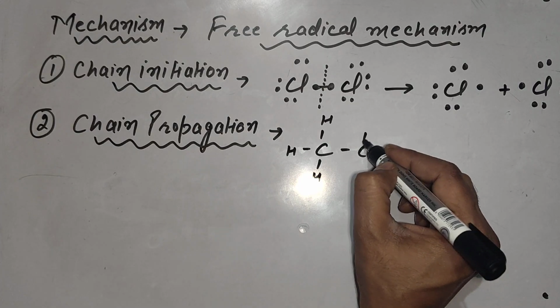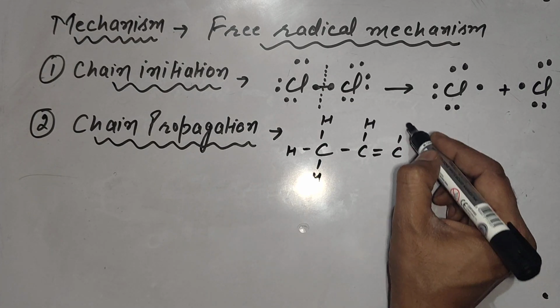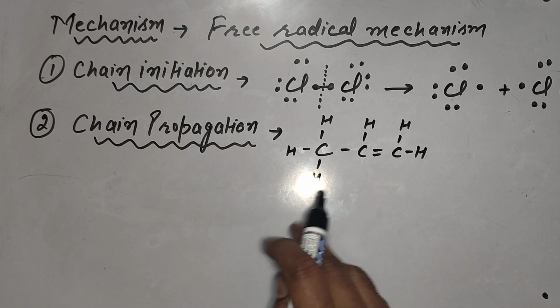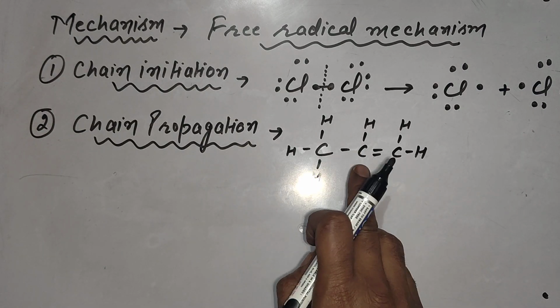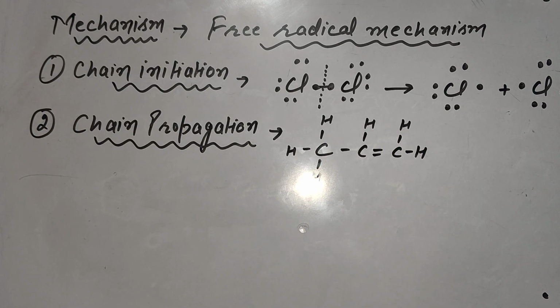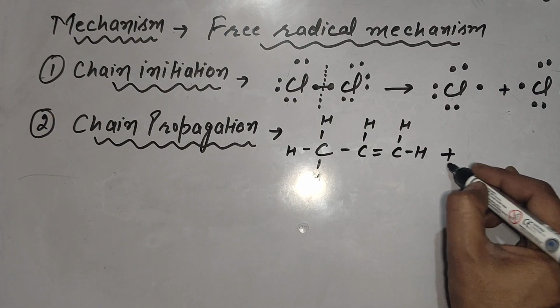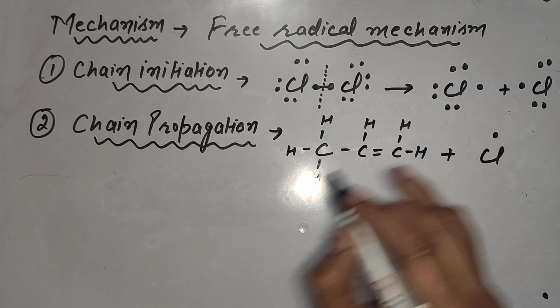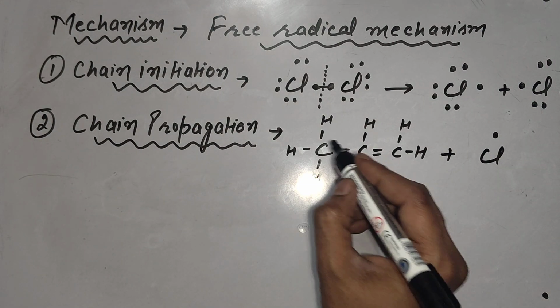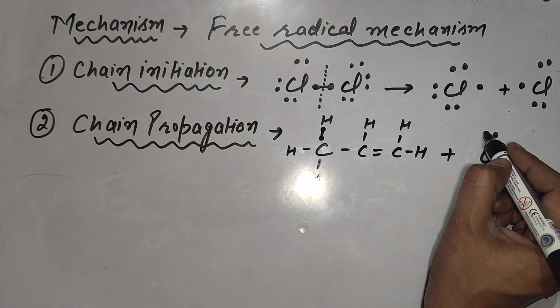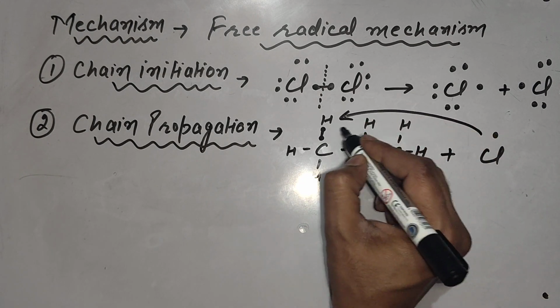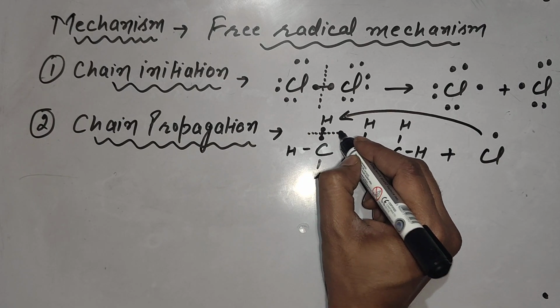Now we know we are using allylic carbon, so I have written over here allylic carbon. In this step, this allylic compound will react with one of the chlorine free radicals. Now this chlorine free radical will attack a hydrogen and bond breakage will happen.